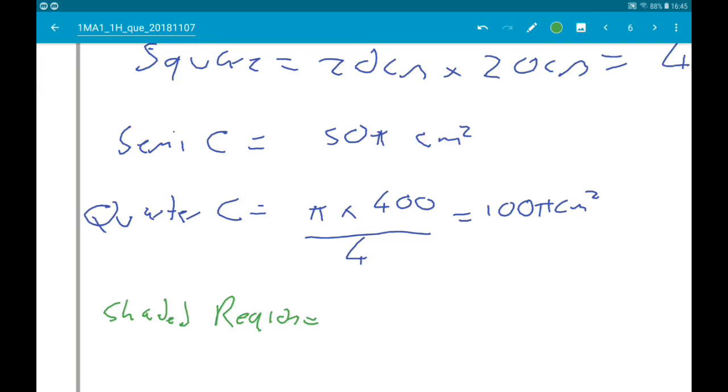So that's 100 pi minus 50 pi, which is 50 pi centimeters squared.